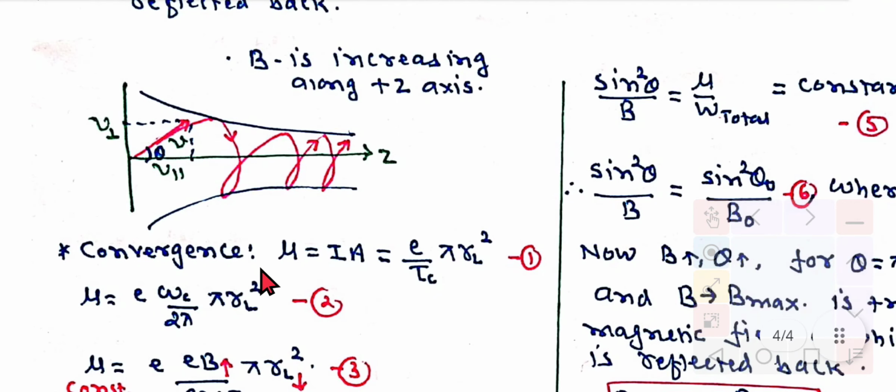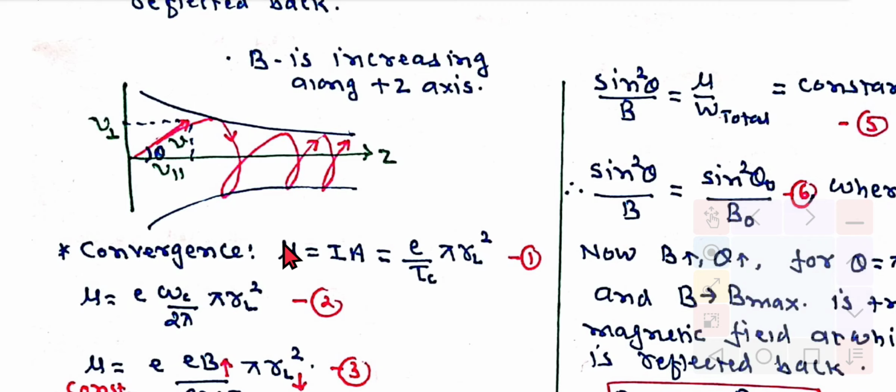Now, how do we study the convergence of a particle or focusing of a particle in a magnetic field? You can see the magnetic moment of a charged particle can be represented by current multiplied by area. The magnetic moment of a charged particle always remains constant.